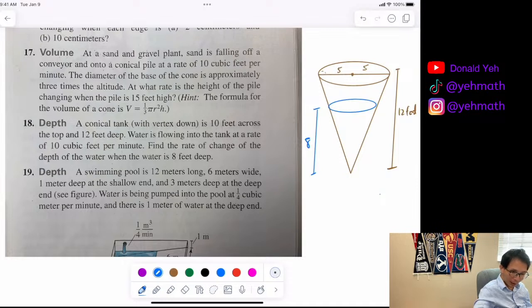What I mean by this is there is a ratio here. This is 5/12. So volume is equal to 1/3 pi r squared h. That's the relationship. What is the 10 cubic feet per minute? dV over dt equal to 10 feet cubed per minute.